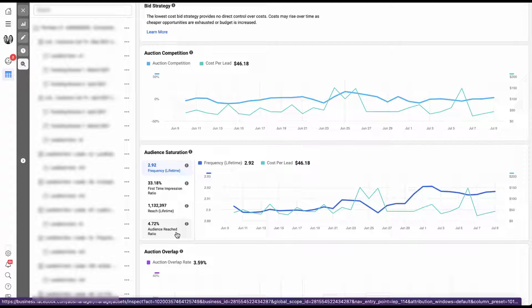So that tells me that we have not overstayed our welcome completely in this audience. There's still plenty to reach out into. Even if we start to notice that frequency might be getting a little bit higher than we would like, there's still plenty of ways that we can reach new members within the target audience that we have.